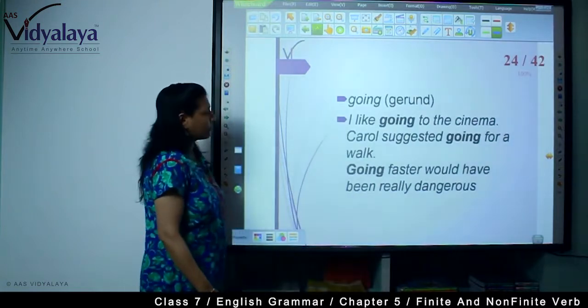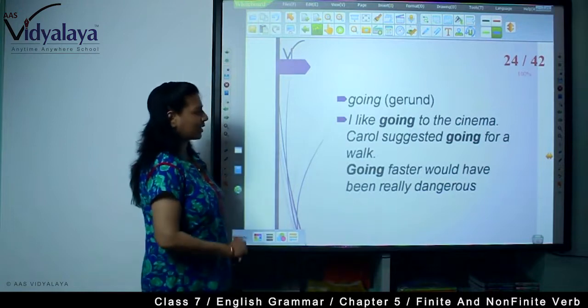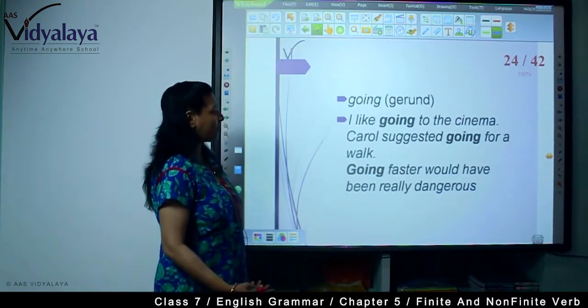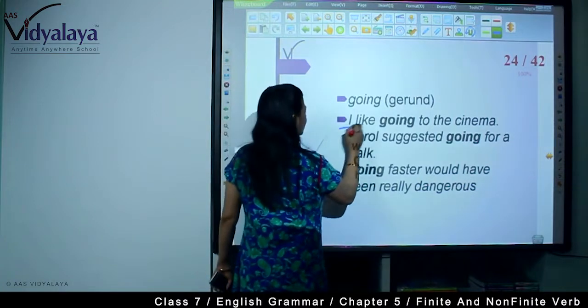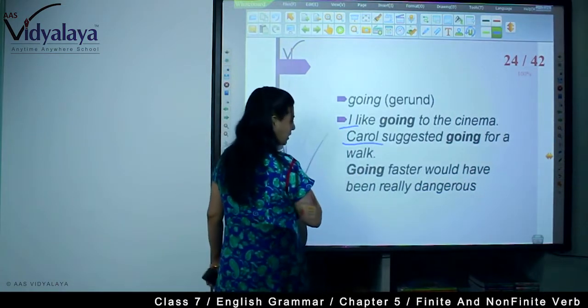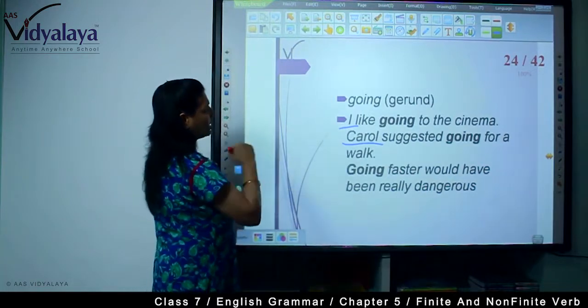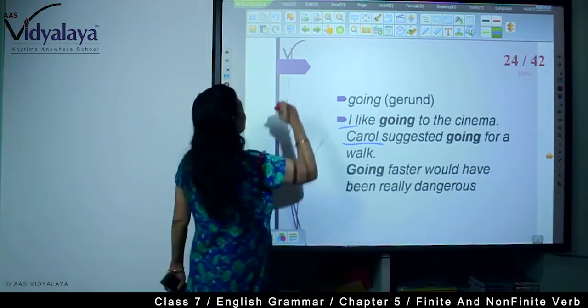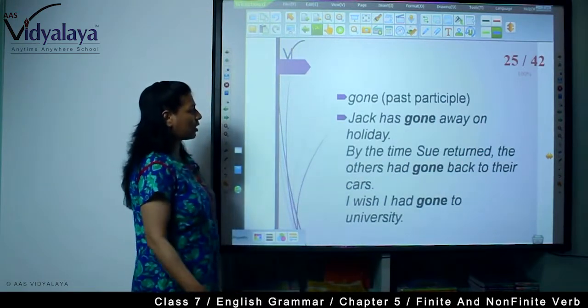Now, going, gerund. I like going to the cinema. Carol suggested going for a walk. Going faster would have been really dangerous. So, here you are seeing first person, and then a proper noun. So there is no change in that. That is the gerund. So this is a non-finite verb. Now here, gone, past participle. Jack has gone away.